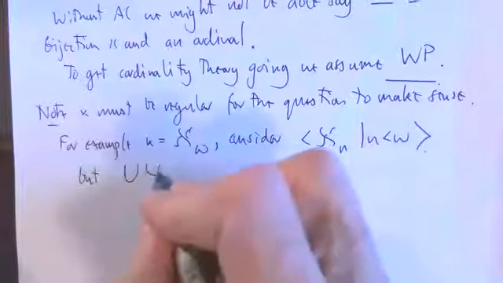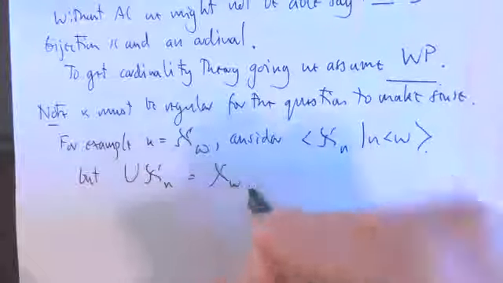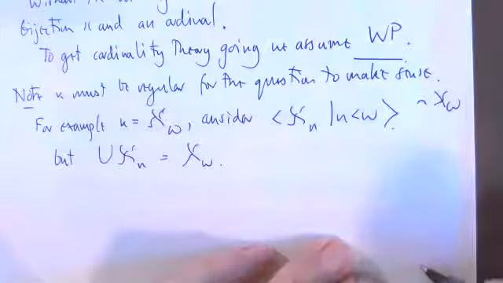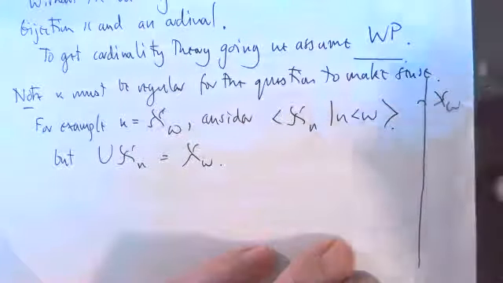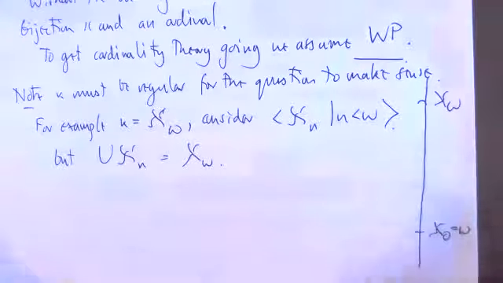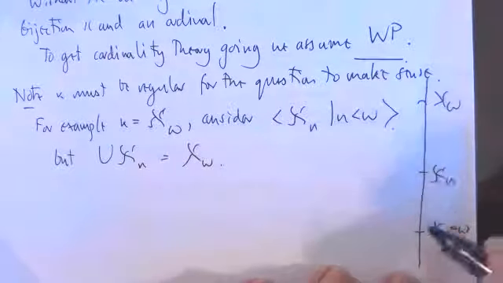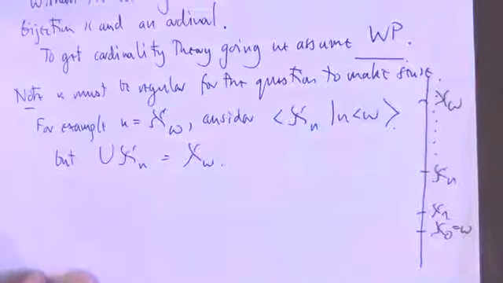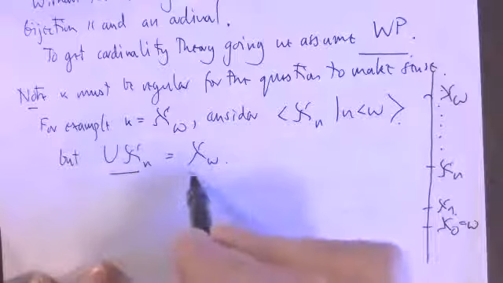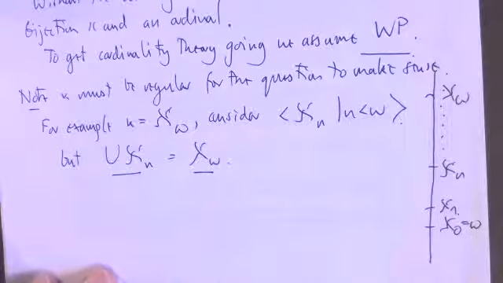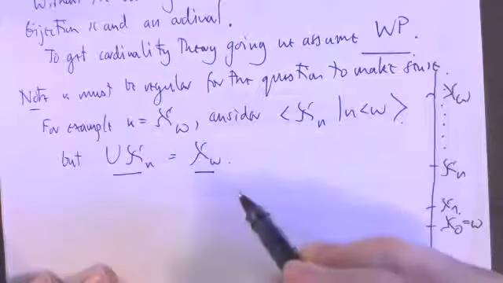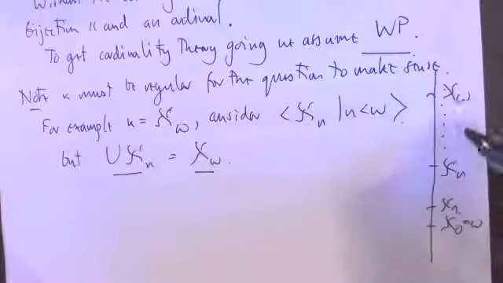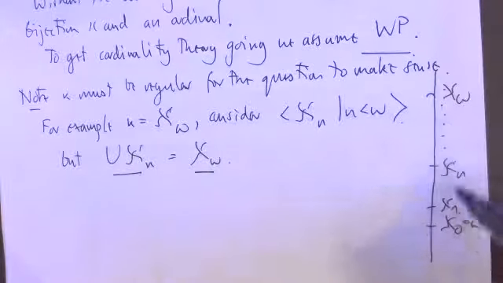But the union of the sets is aleph omega. So here would be aleph omega. Here's the ordinal line going up here, aleph 0. And here are the aleph n's. So these go up cofinally into aleph omega. And the union of these ordinals is this ordinal. So this will be a counterexample to the question when I've got a singular kappa. I can approach aleph omega using a short sequence of small sets.